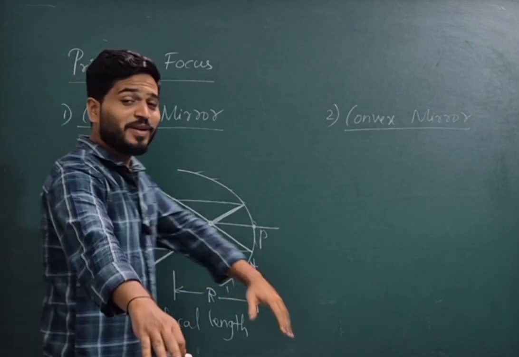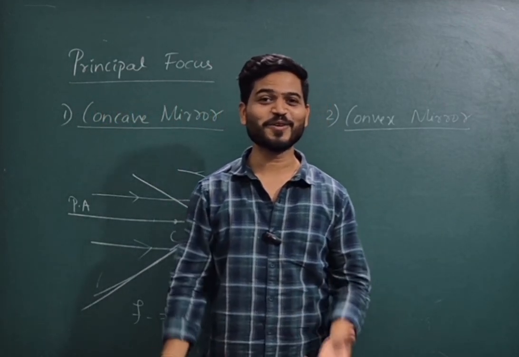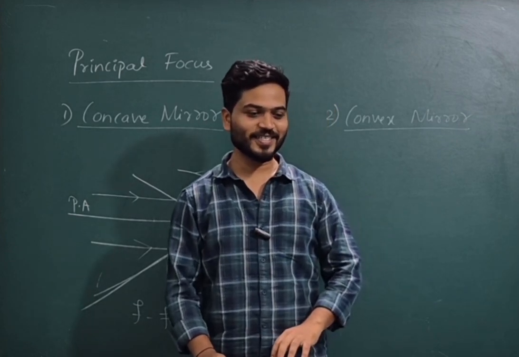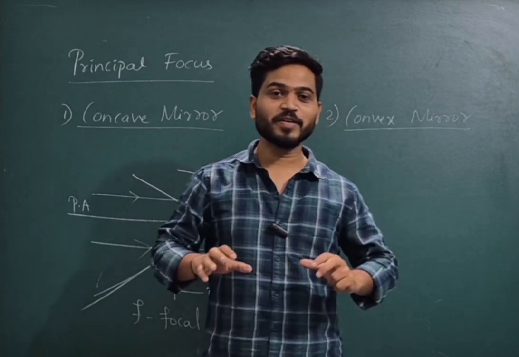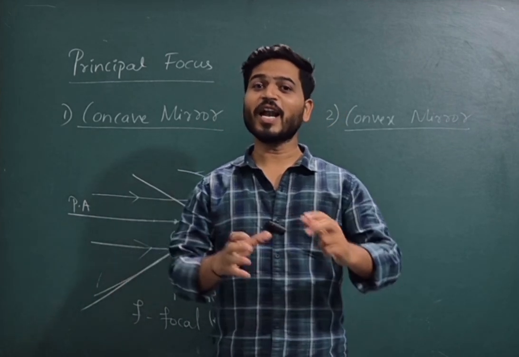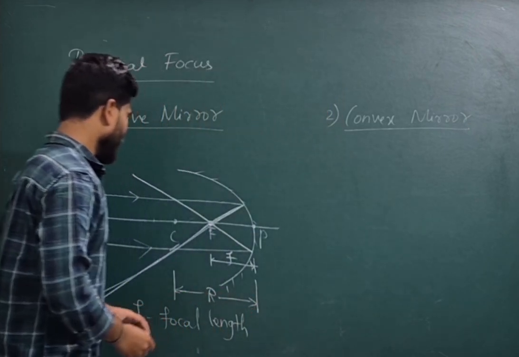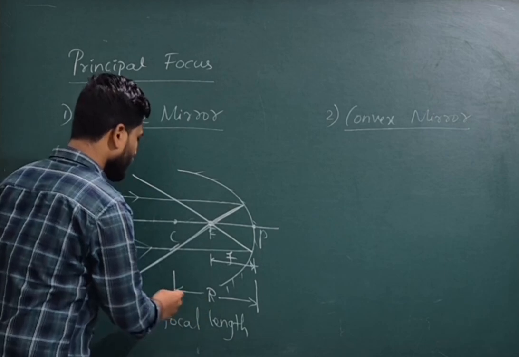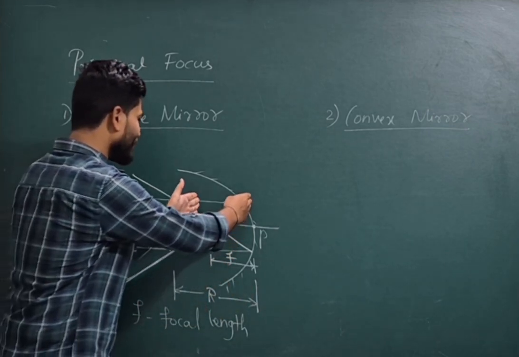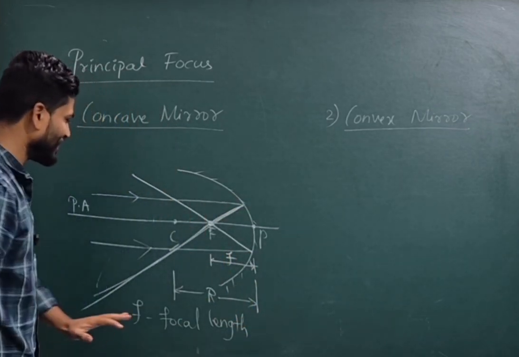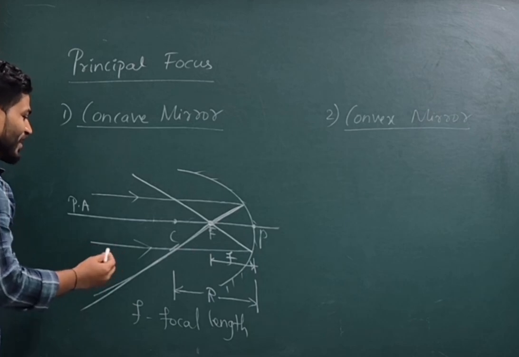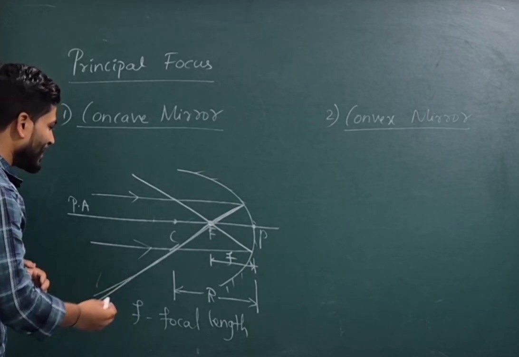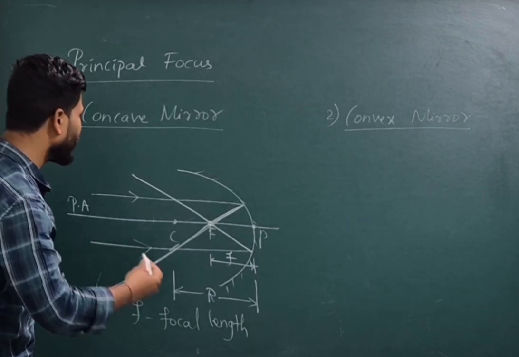But what is that formula I'm talking about? That formula is about the relationship between radius of curvature and focal length, right? What is this? Radius of curvature. See here, radius of curvature. This is f, right? So now, how can you define focal length with the help of radius of curvature?